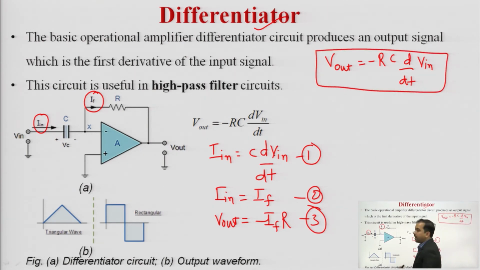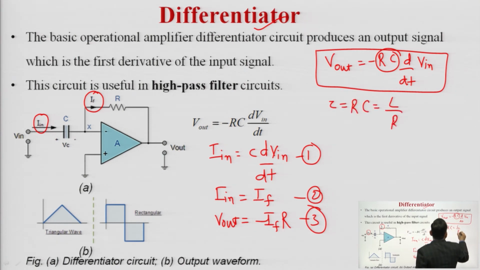Means we are achieving a relationship for the output voltage in a derivative form corresponding to the input, where RC is known as the time constant, tau equals RC, and it is equal to L by R for an LR circuit.